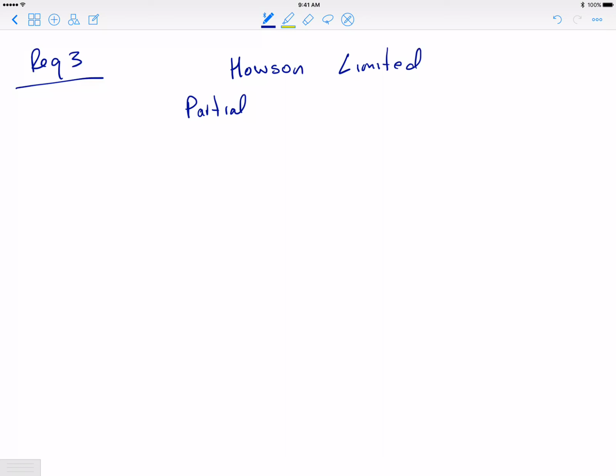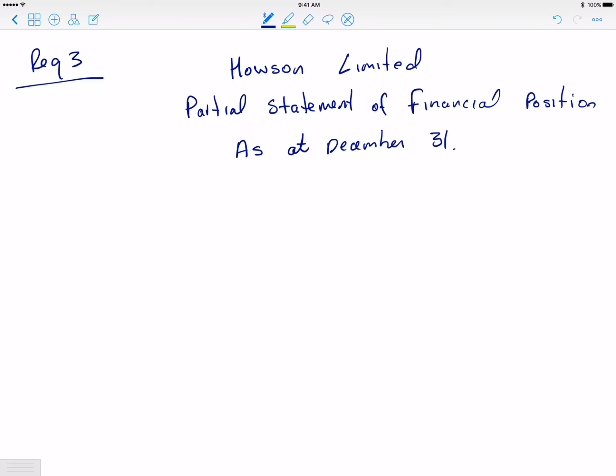So it's not a full statement of financial position, it's only partial. Statement of financial position, long-winded. And we want to specify at what date. So it's as at December 31st.